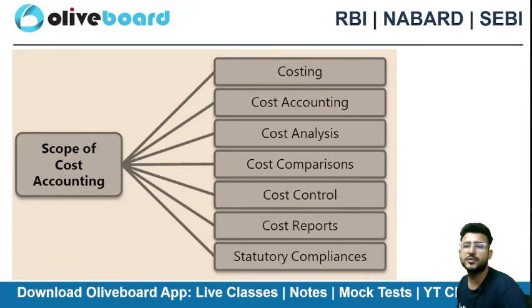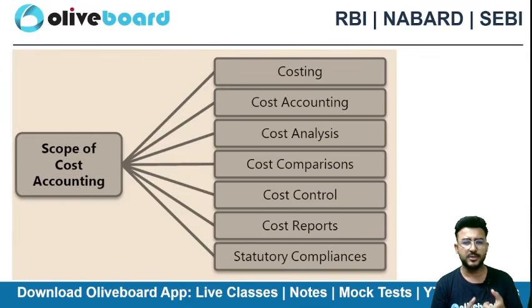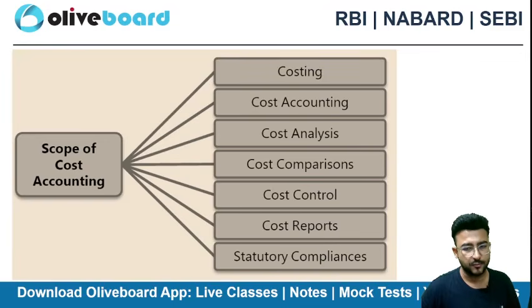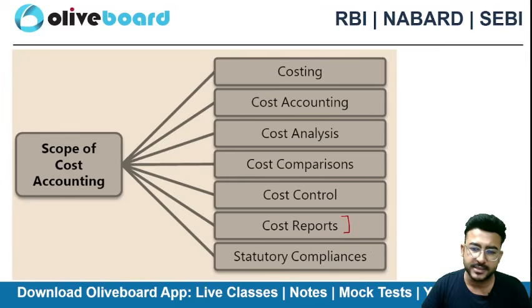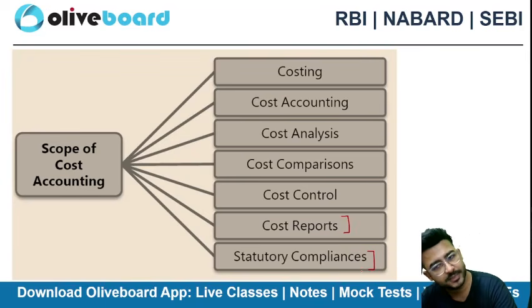Then when it comes to the scope of cost accounting, it almost includes everything: costing, cost accounting, analysis of cost, comparison of cost, cost control, cost reports. Now, so many types of reports we also have to generate, and statutory compliances. There will be certain legal compliances as well, right? Certain companies are required to do the statutory compliance as well.